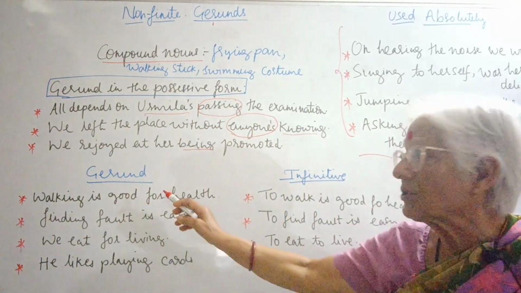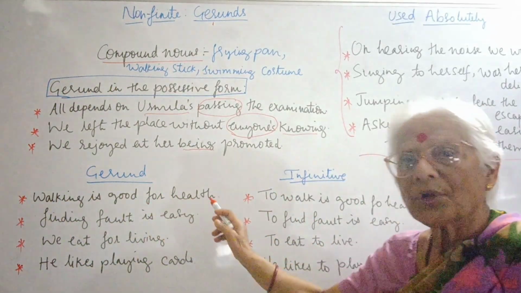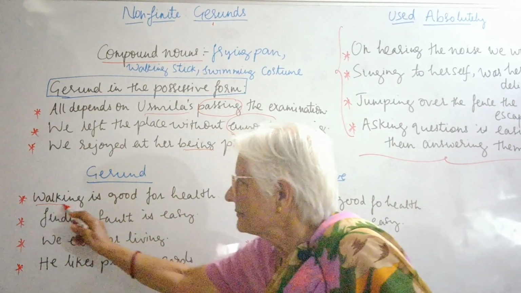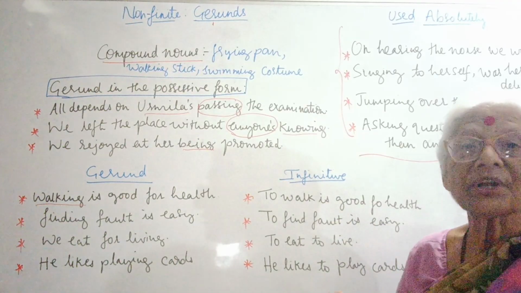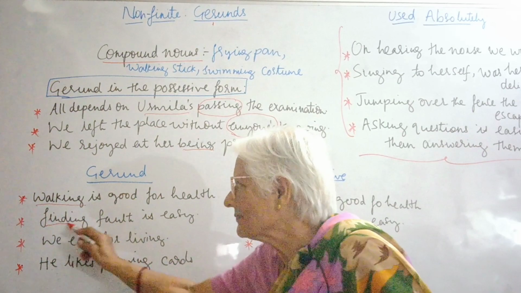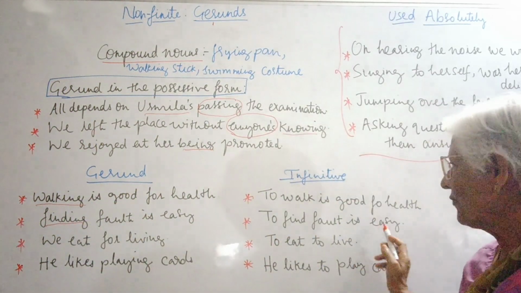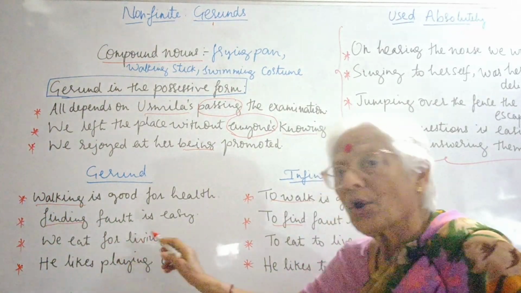Now look at the difference between gerunds and infinitives. Walking is good for health. To walk is good for health, or it is good for health to walk. Finding fault is easy. It is easy to find fault. We eat for living.